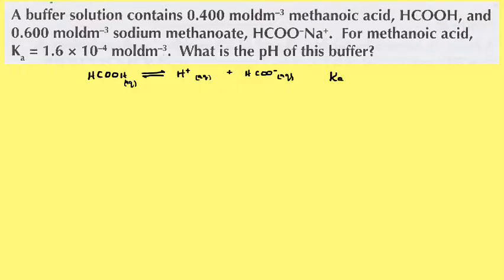So Ka, you'll remember, is the concentration of the products divided by the concentration of the reactant to the power of the moles in the balanced equation. So one of the products is hydrogen ions, so we're going to write that on the numerator, and that's multiplied by the concentration of the methanoate ion.